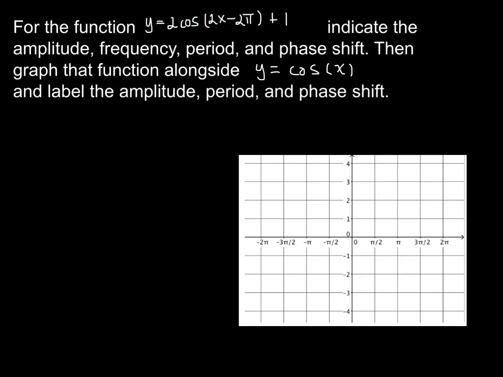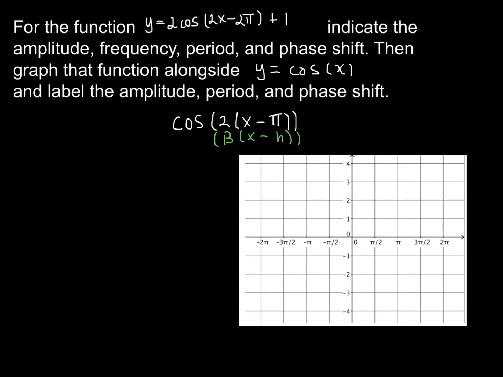But you've got to factor out the 2. So the argument inside of your cosine now, once you've factored it out, should be 2 times (x minus pi). And this will clearly show you the b value, and x minus h. Okay, and this will allow you to better compute.